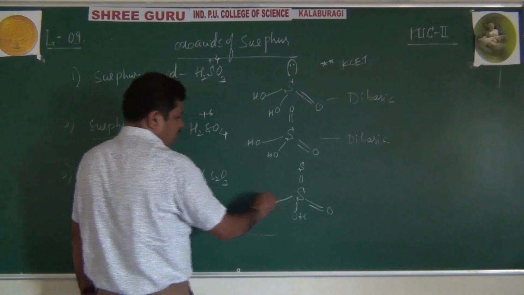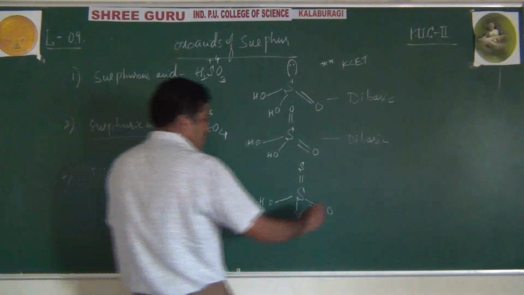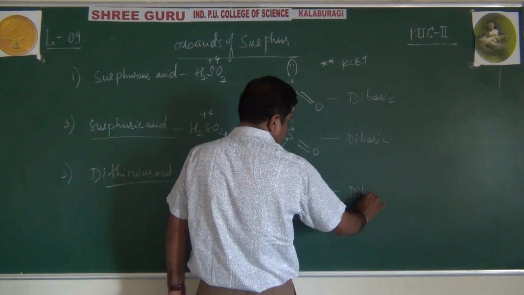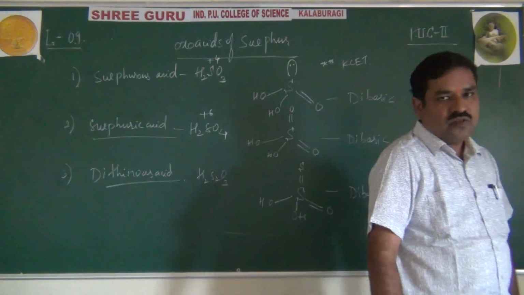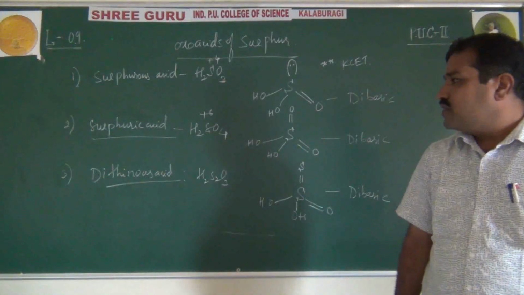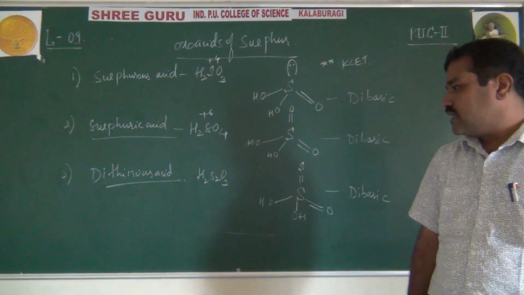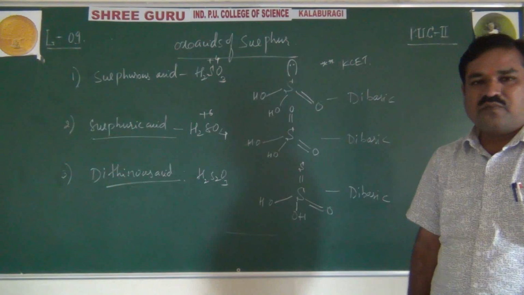Expanded octet, definitely. This is also dibasic. These are the first 3 oxo acids: sulfurous acid, sulfuric acid, dithionous acid.